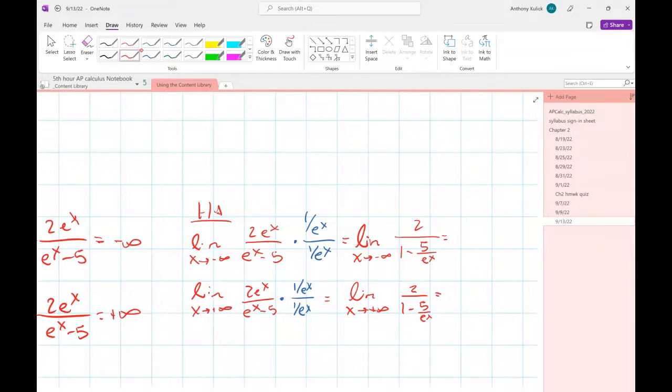So let's do the bottom one first, because it's probably a little bit clearer as to what's going on. When I take the limit as x approaches infinity of 2, I get 2. The limit as x approaches infinity of 1 is 1. And the limit as x approaches infinity of 5 over e to the x should be 0, right?